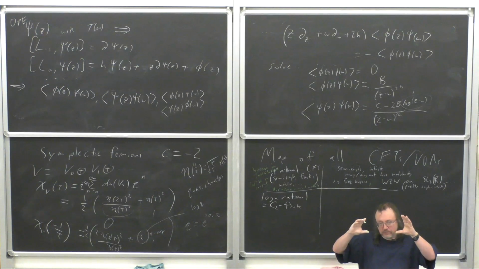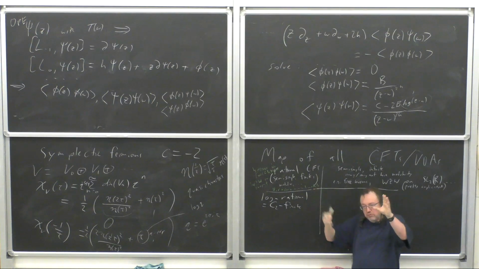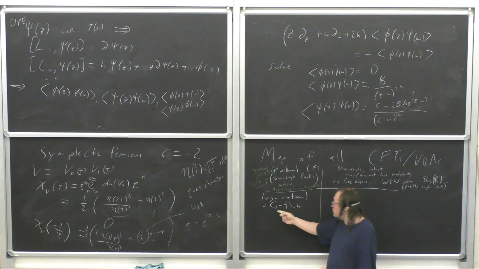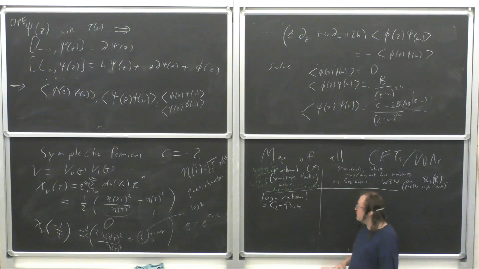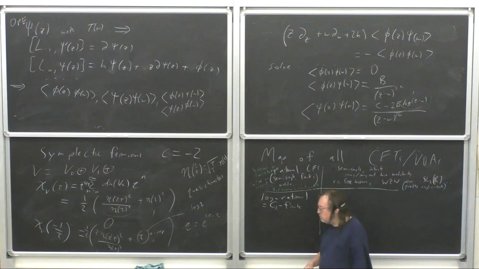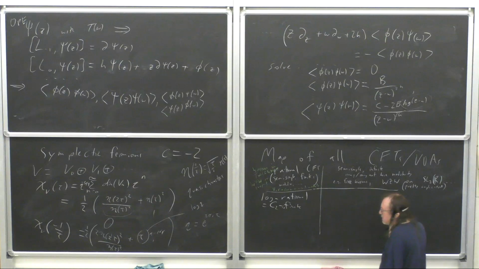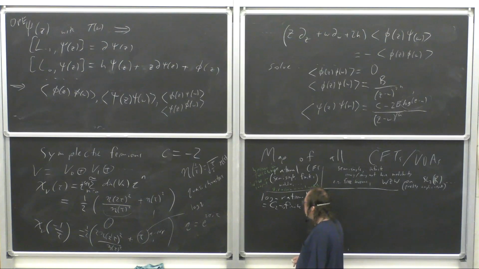So you have your VOA quotient, some subspace, and one of these quotients is the C2 quotient. For various reasons, it's called that. And when it's finite dimensional, the VOA is called C2 cofinite. So these are the same as log rational things.